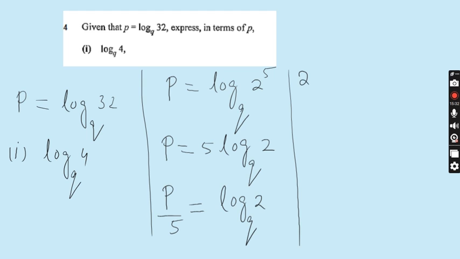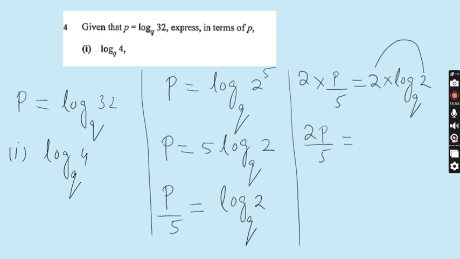Multiply both sides by 2, you will get 2 multiplied by p upon 5 is equal to 2 multiplied by log q 2. 2 into p is 2p upon 5.